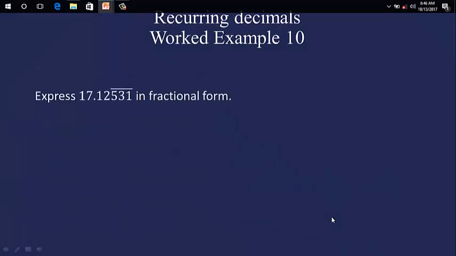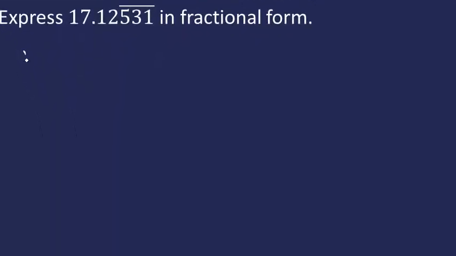Now the same thing applies to this one, but this one you can do like this. This is like 17.12531 then 531 recurring.